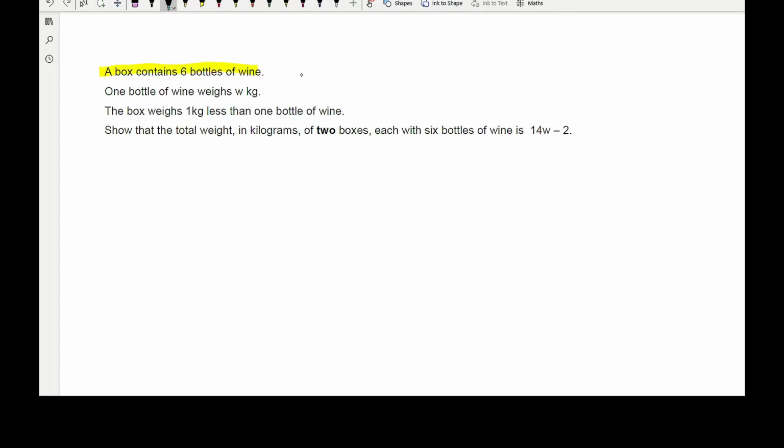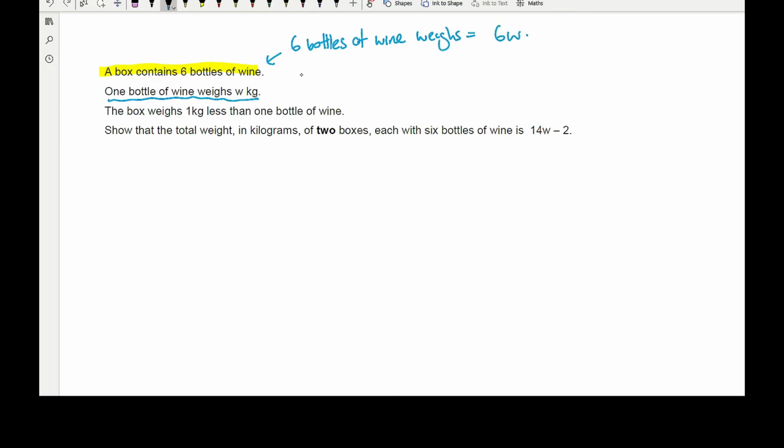So a box of wine, so 6 bottles of wine. Well, if 1 bottle weighs W, then the weight is going to be 6W.